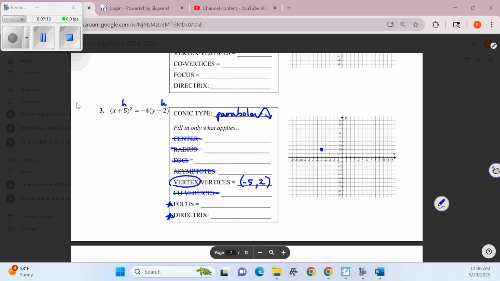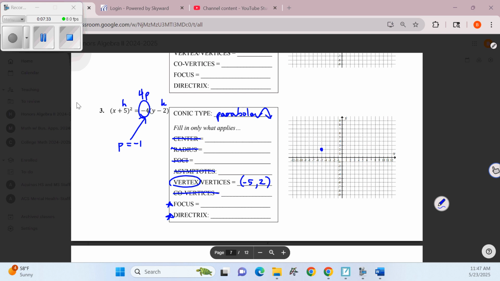From there, we're going to be opening downward. So we look for this p-value, right? If we know that p must be negative 1 in order for this to be 4p.